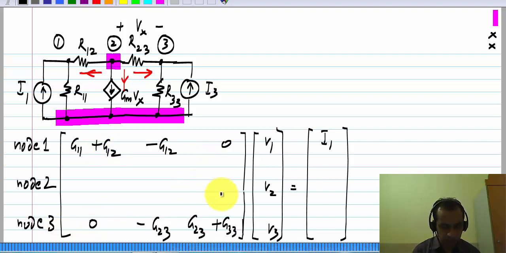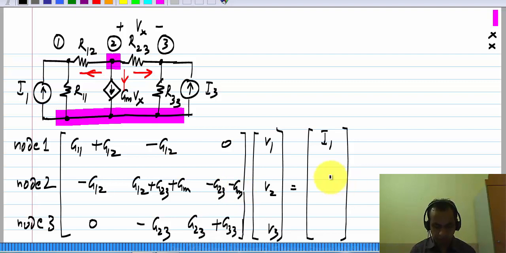And of course the special case is node 2, which gives you minus G12, and for this we will have G12 plus G23 plus Gm, and the last one will be minus G23 minus Gm.